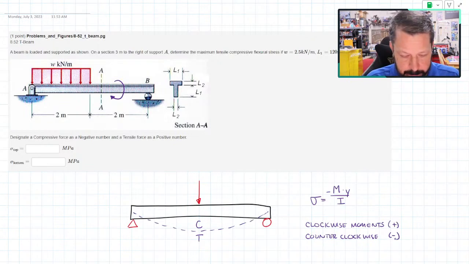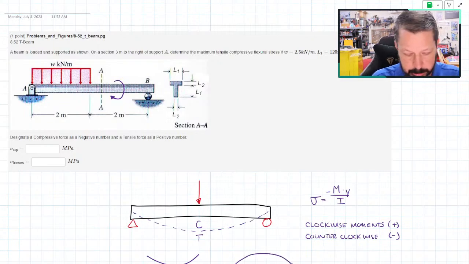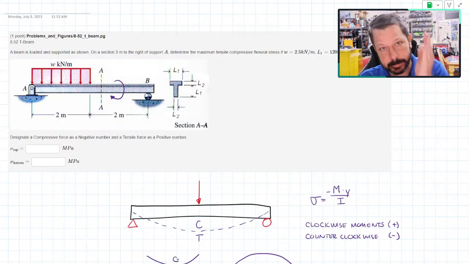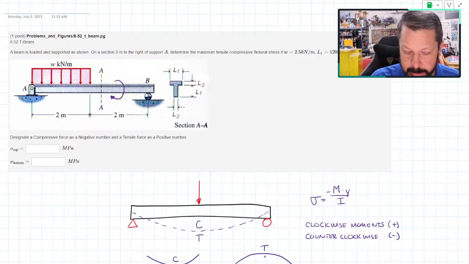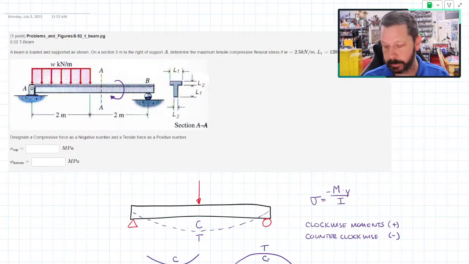And it's easy to remember that clockwise moments are positive. How you remember that is you think about your beam shapes. The beam could bend this way, or it could bend this way. So it could bend with tension on the bottom and compression on the top, or if you pushed up from the bottom of the beam and made it bow up, then the tension would be on the top and compression on the bottom. So you could have either of those.